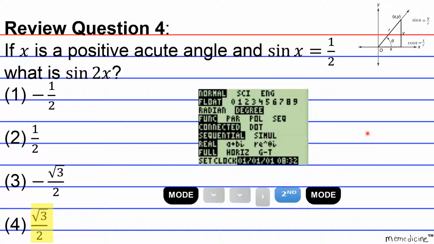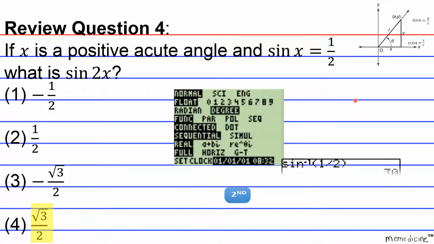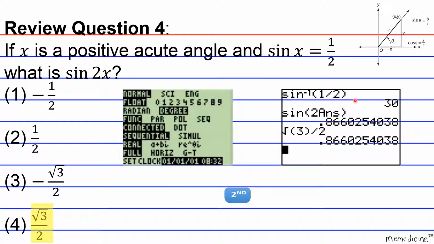All right, the next thing that we're going to do is basically input the inverse sine, okay? An inverse sine is used to figure out what angle this trigonometric value belongs to. So anytime you see an inverse sine, inverse cosine, inverse tangent, inverse anything, you're going to get an angle for an answer, okay? You're not getting a trigonometric value, okay?